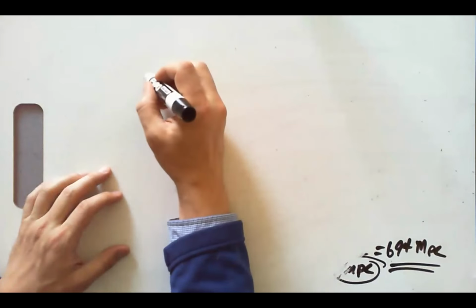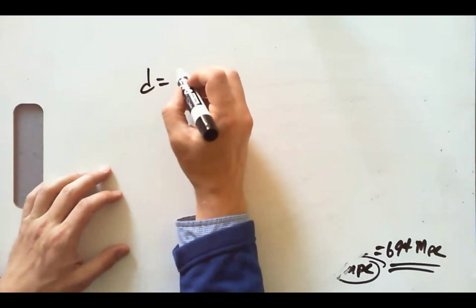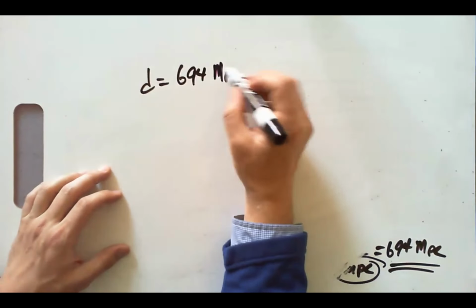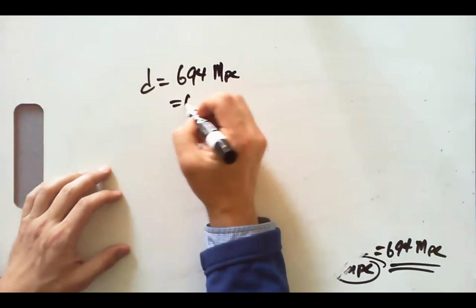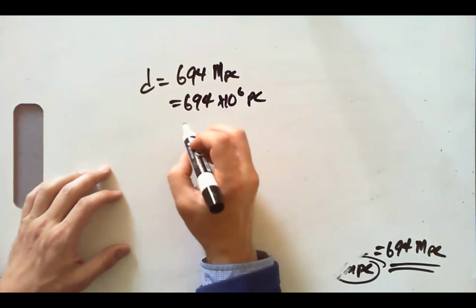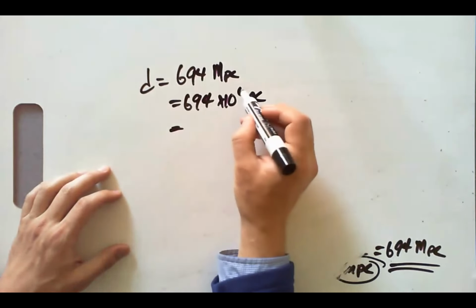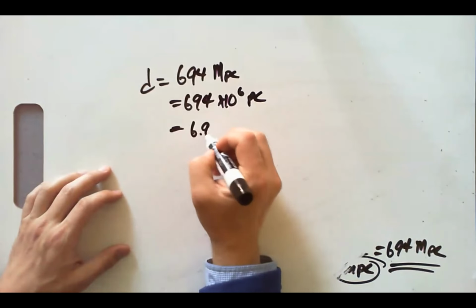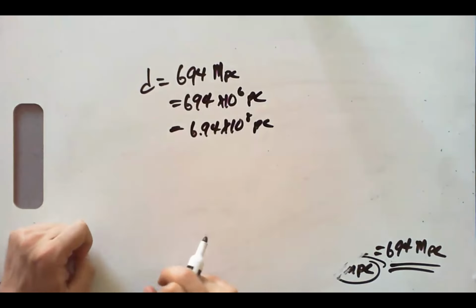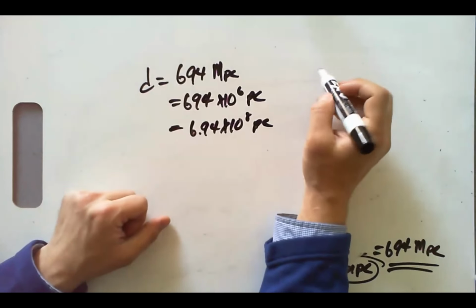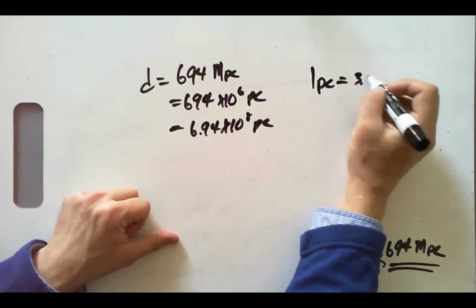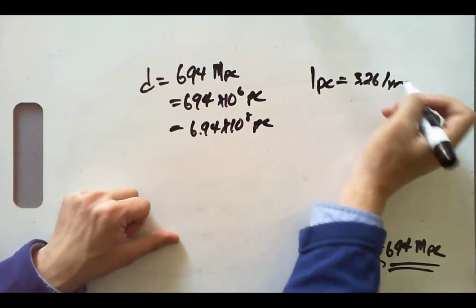So if distance is 694 megaparsecs, a mega is a million, so that's 694 times 10 to the 6 parsecs. Or, if you like, you can move the decimal over 2 and add 2 to the exponent: 6.94 times 10 to the 8 parsecs, doesn't really matter. You also need to know how many light years there are in a parsec, which you can look up. 1 parsec is 3.26 light years.